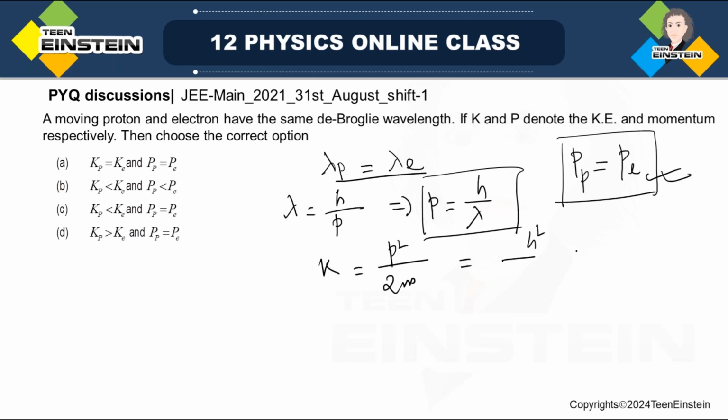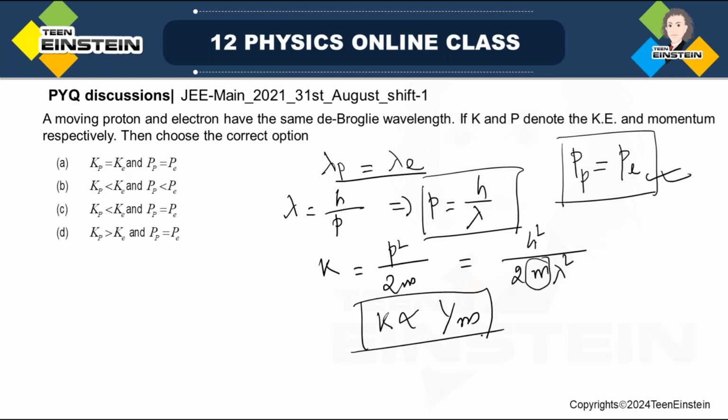So h square by 2 m lambda square. See, this lambda is constant, h is same for both, but the mass is different, right? So kinetic energy is inversely proportional to the mass, and proton has a much higher mass than the electron.